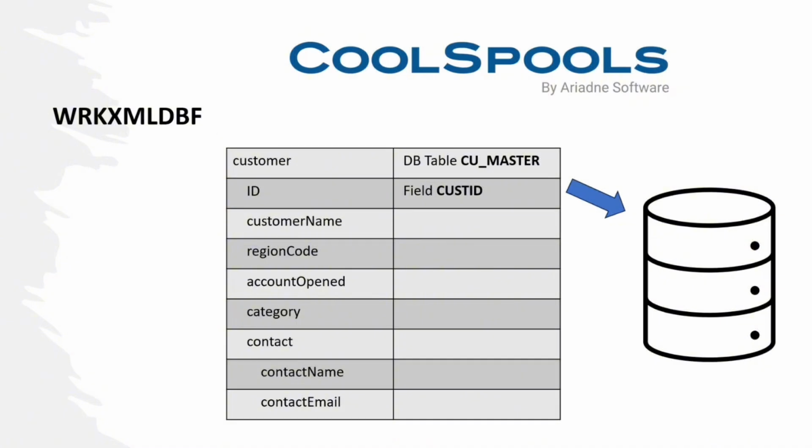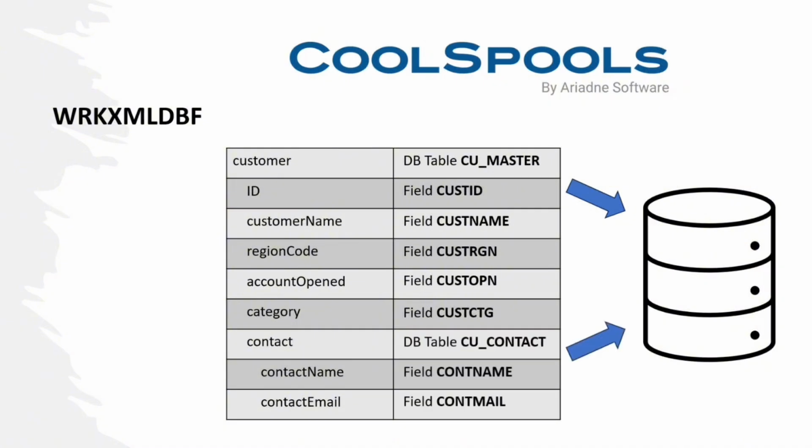The ID attribute maps to our customer ID field, and the various sub-elements of customer map to other database fields within the customer master table. We also need to set up a similar mapping for the customer contact fields, populating the customer contact database table.